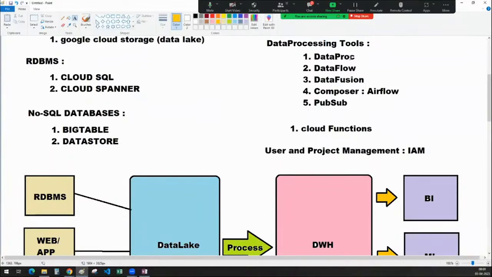One more thing I want you to understand: whenever we talk about a service, I will go to the Google Cloud Platform and explain everything about that service theoretically and practically, and I will implement a solution there itself. So take some time in the day and practice the same thing, because practice gives you a lot of knowledge, guys.